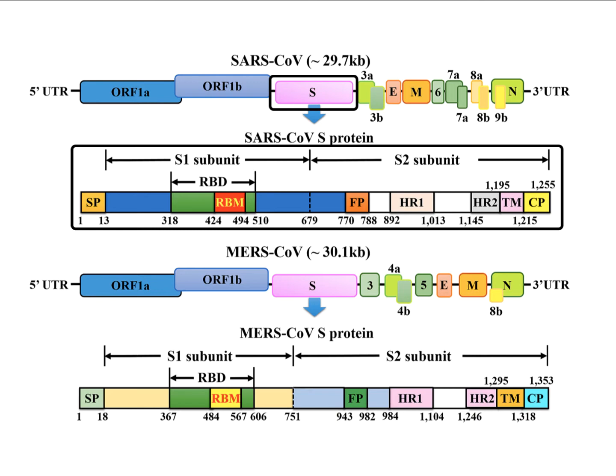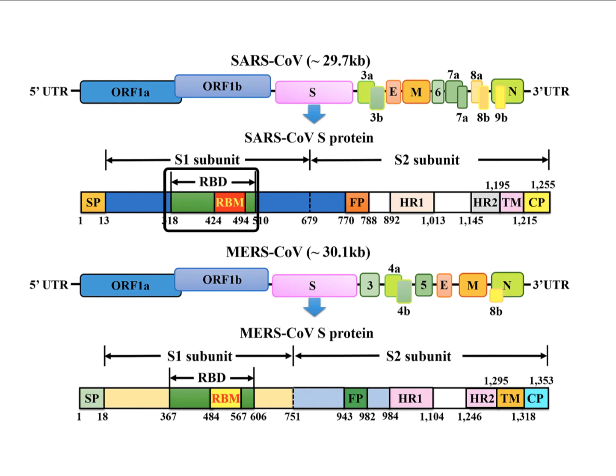That has a variable region here, which is the part that interacts with the host cell receptors. In the case of SARS, it interacts with ACE2 receptors, which are mainly on blood vessels and other muscle cells and things like that.